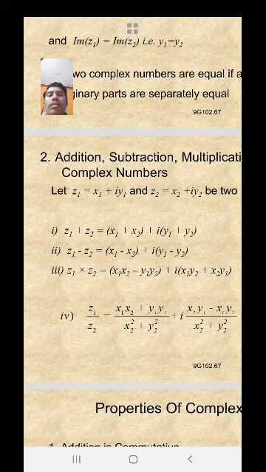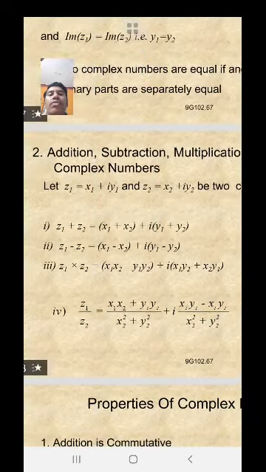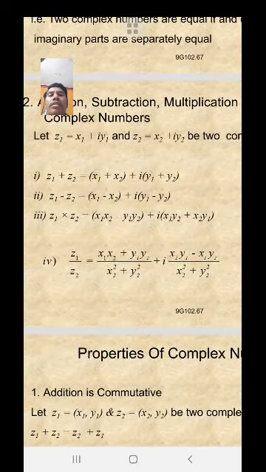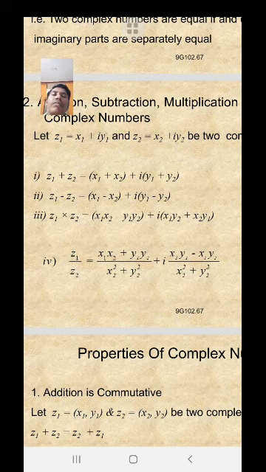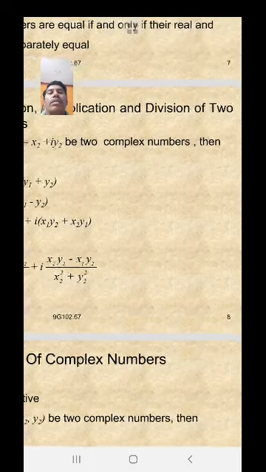Next, second point: addition, subtraction, multiplication and division of two complex numbers. Let z1 equals x1 plus iy1 and z2 equals x2 plus iy2 be two complex numbers.